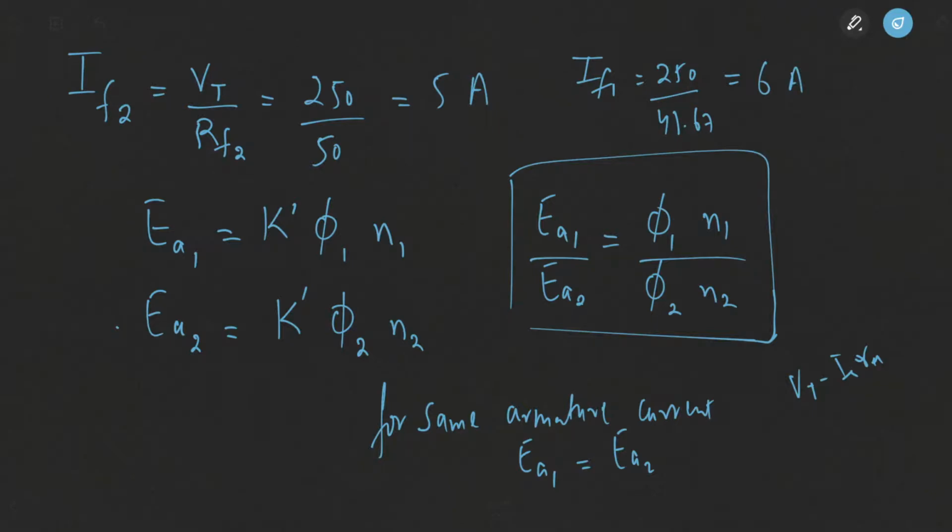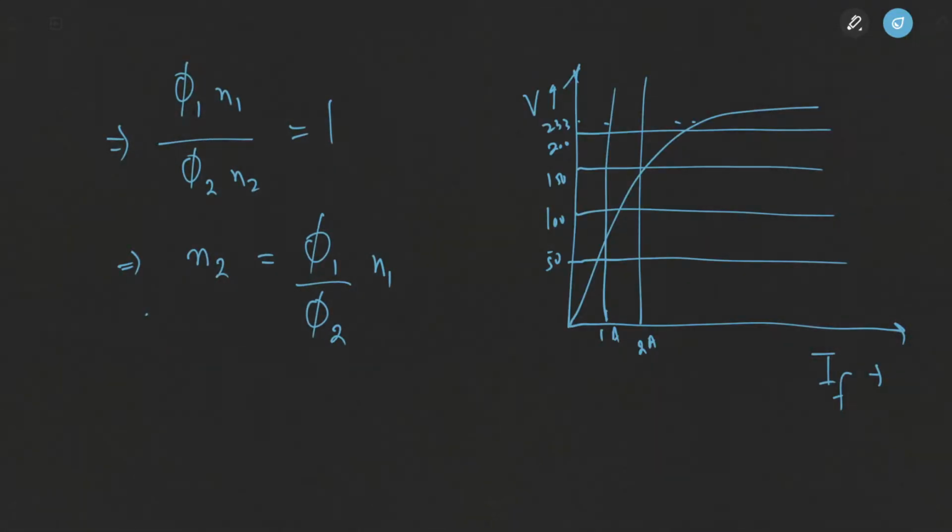So this magnetization curve is given to us. Now at 5 amperes and at 6 amperes, what is the voltage?